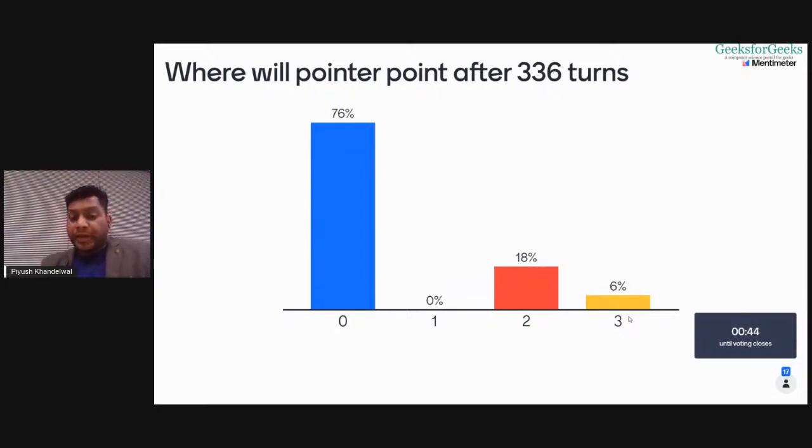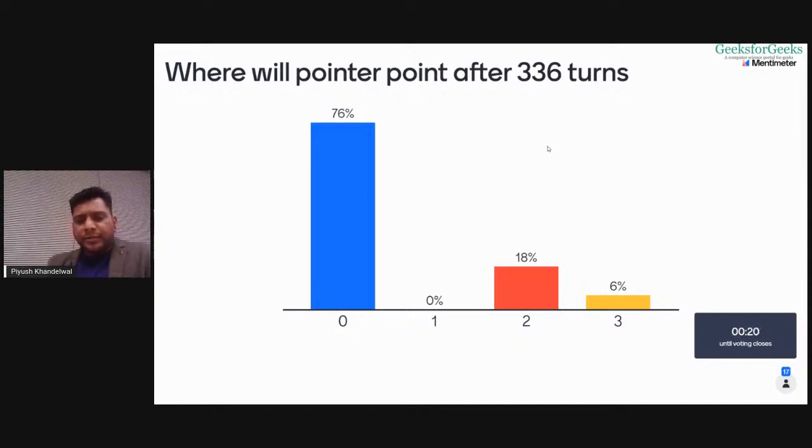Okay, so initially the pointer is pointing to 0, and I've made 336 rotations. Hurry up, submit your solutions. The voting link is there in the description.